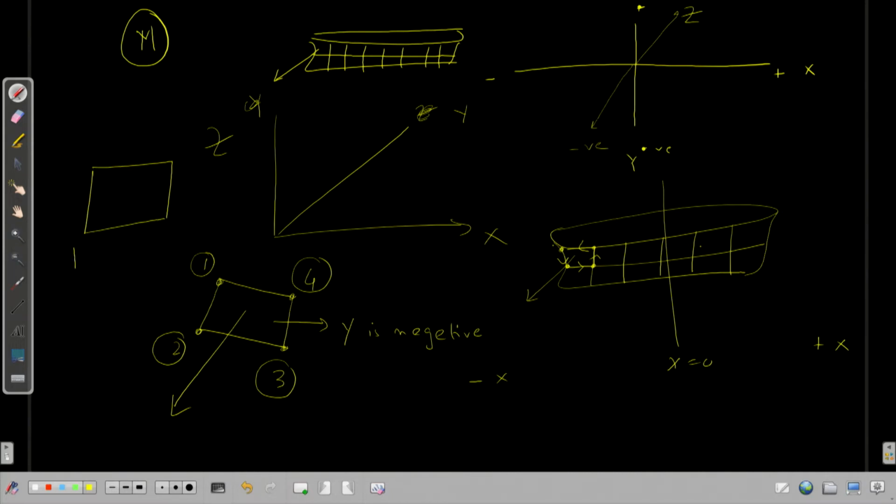So, it should be 1, then 2, this should be 3 and this should be 4. Get it? So, on this side where y is negative, I must go in the anti-clockwise direction to get the normal outward to the body, inward to the fluid. In the other situation, I should go clockwise to get the normal outward to the body, inward to the fluid.